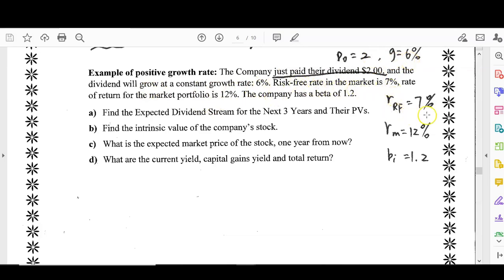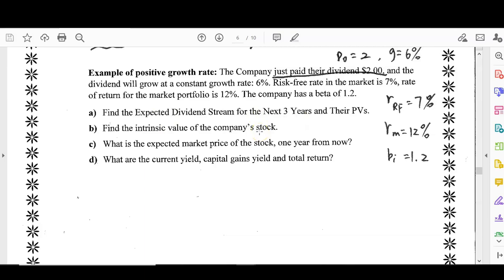The rate of return for the market portfolio, RM, is 12%. The company has a beta of 1.2. Find the expected dividend stream for the next 3 years and PVs. We know D0, and we can just multiply by 1 plus G to the power of T for the next 3 years. Then the intrinsic value of the stock.